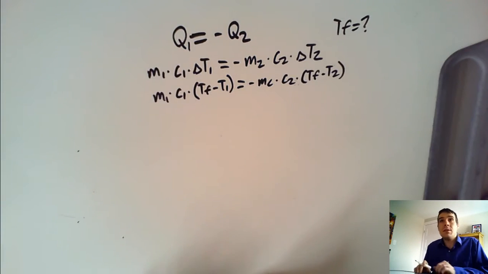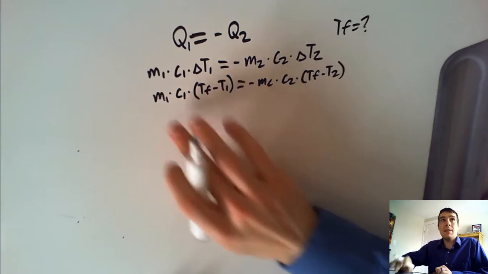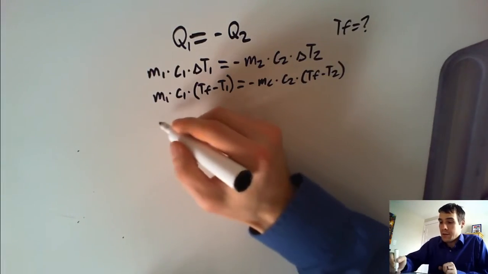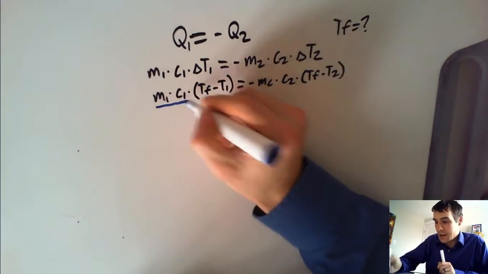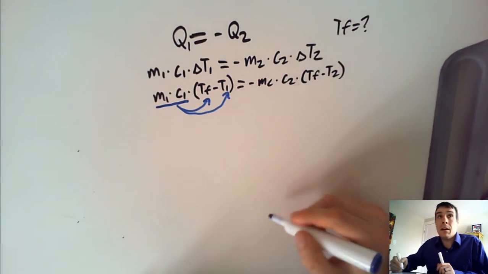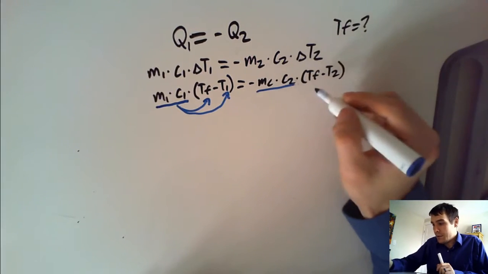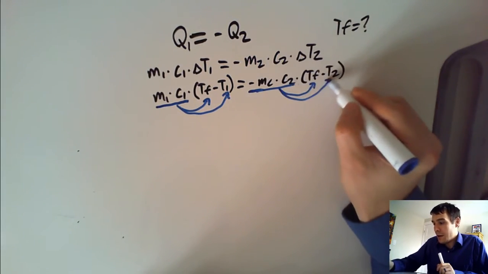T2 is the initial temperature of the second one. Then we have to pull out Tf. If we want to pull out Tf, we're going to have to distribute these in. So we take this m1 times c1 and put it in there and in there. We do the same thing with the minus, including the minus in here and in here.